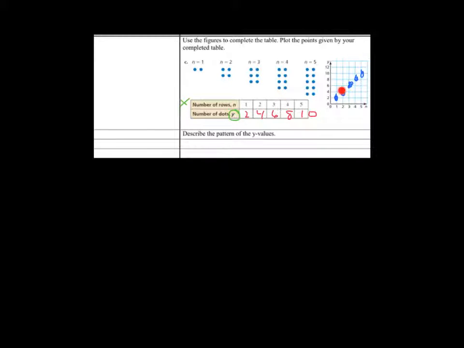In 2 rows there were 4, 3 was 6, 4 was paired with 8, and 5 was paired with 10. And looking at my graph, if you are describing the pattern of those y values, you notice the y values are increasing by 2 every single time. Okay, so y increases by 2 each time.